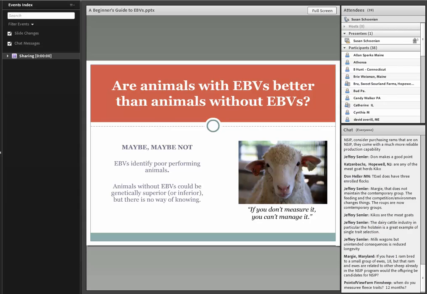I have found a production system that works for me, but I don't have any genetic data on how my animals are with parasite resistance. Okay? Don't let anybody tell you so-and-so animals are parasite resistant. If you don't measure it, you don't know and you can't manage it. So that's the difference. It's between knowing and not knowing.